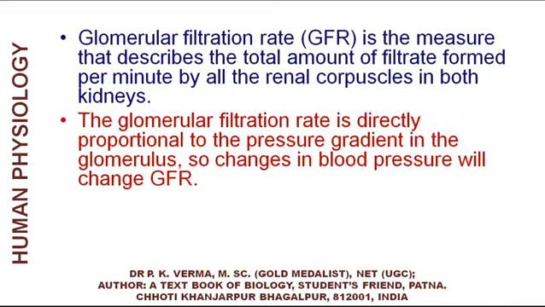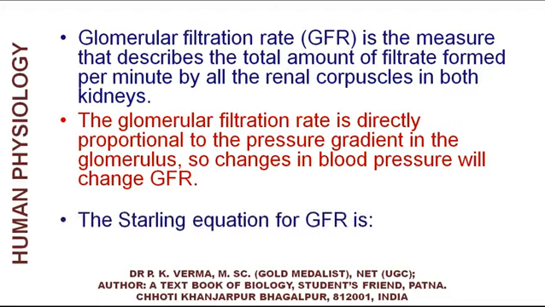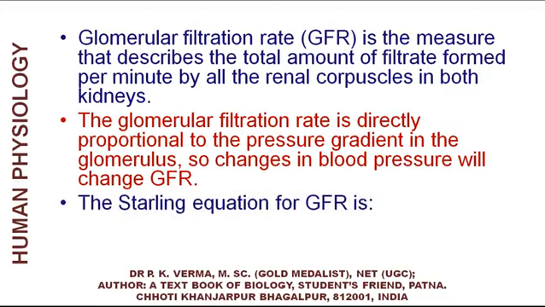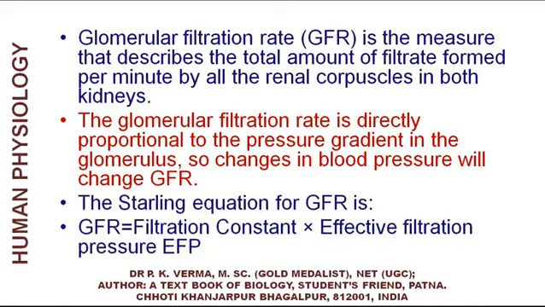The glomerular filtration rate is directly proportional to the pressure gradient in the glomerulus. So change in the blood pressure will change glomerular filtration rate. Starling has given the equation for glomerular filtration rate as the filtration constant multiplied by effective filtration pressure.